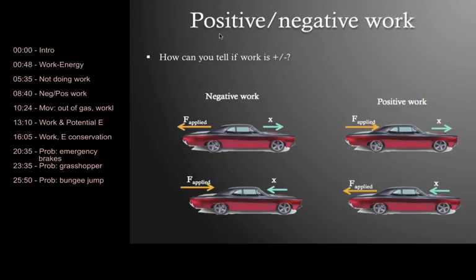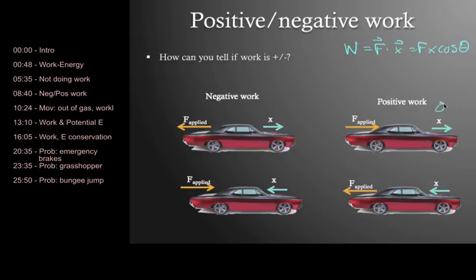So we can have both positive and negative work. And where this really comes into play is the direction between the force and the displacement. So until now we've just been considering positive work where the force is in the same direction as the displacement. So if we look at work, this is F dot X, which is equal to Fx cosine theta.